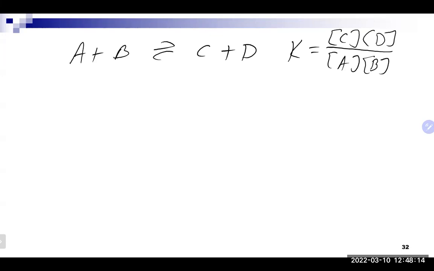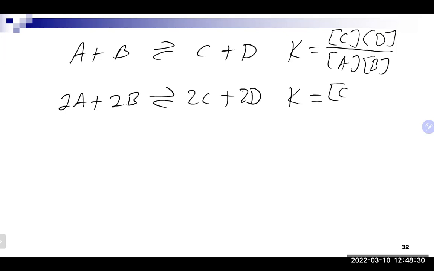We typically would take the equation and multiply everybody by 2, which would give us 2A plus 2B goes to 2C plus 2D. When we write the equilibrium expression, it is now the concentration of C squared times the concentration of D squared divided by the concentration of A squared and B squared.